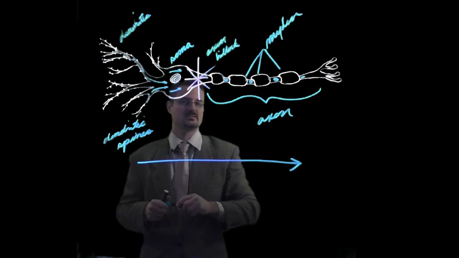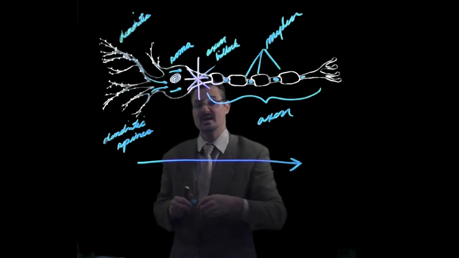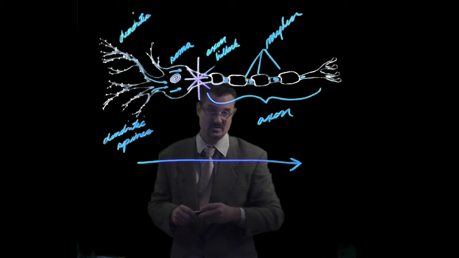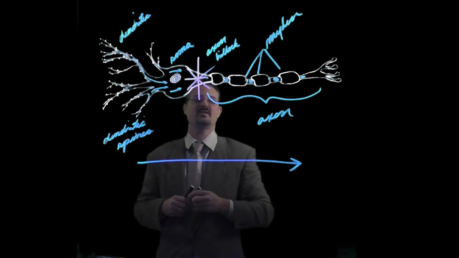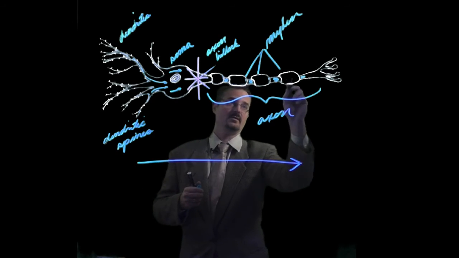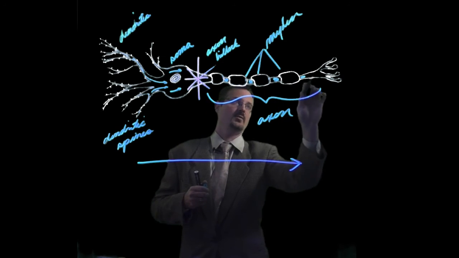Myelin insulates the neuron. And by insulating it, it actually increases the strength of the action potential as well as the speed of the action potential. It travels from here all the way to the end.